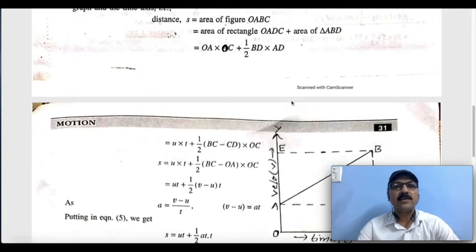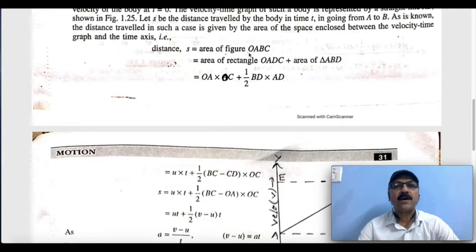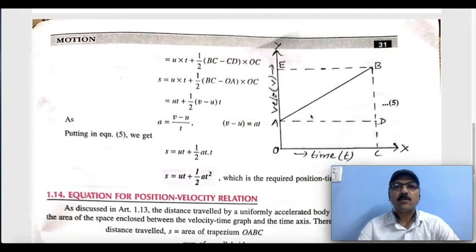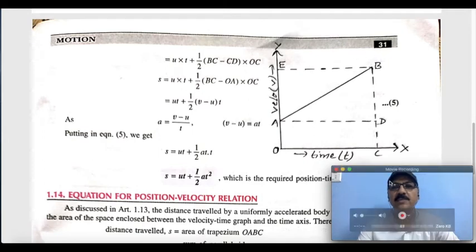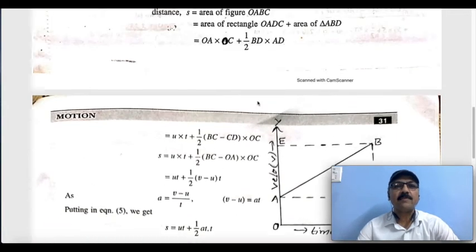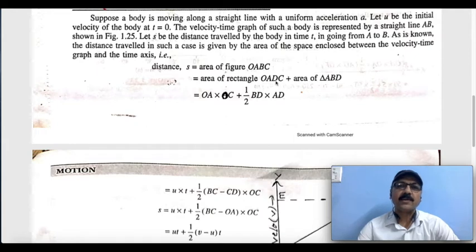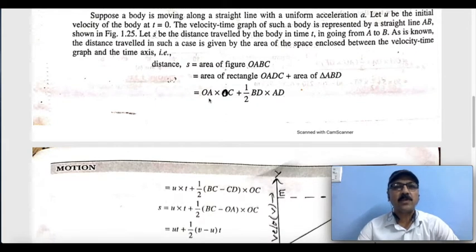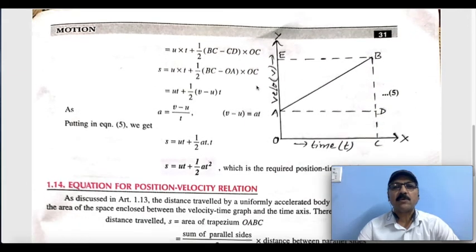So the distance equals the area under the velocity-time graph OABC, and this OABC is equal to the area of rectangle OADC plus the area of triangle ADB. In this graph, the area of rectangle OADC equals length into breadth. Length is OA, and base is OC. Look here.